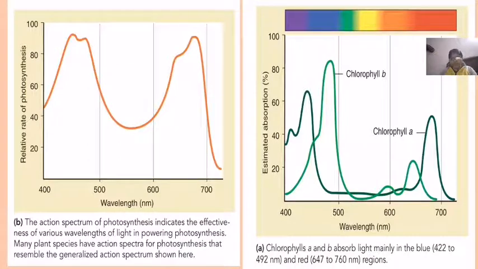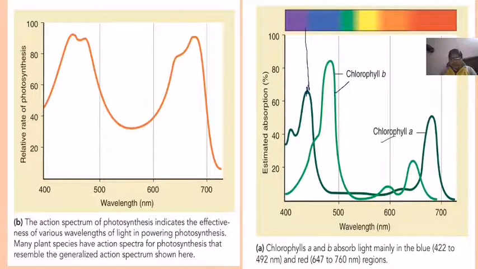What you see here is that this is your chlorophyll A molecule, and this one is your chlorophyll B molecule. Both of them, whether chlorophyll A or chlorophyll B, are absorbing light.